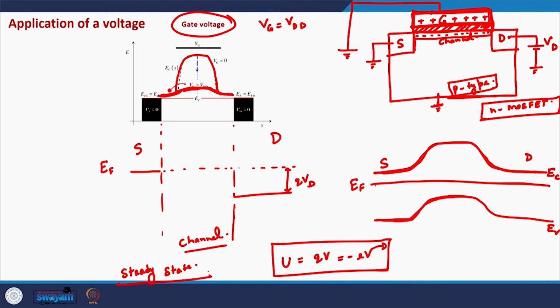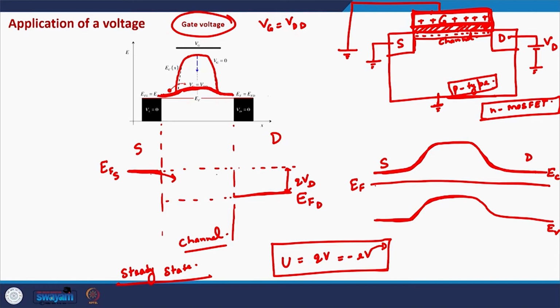So what happens now is that in the channel region, if the source and the drain regions are large, the source terminal tries to fill all the states in the channel region up to the Fermi level of the source, and the drain terminal will try to fill all the states in the channel up to the Fermi level of the drain.